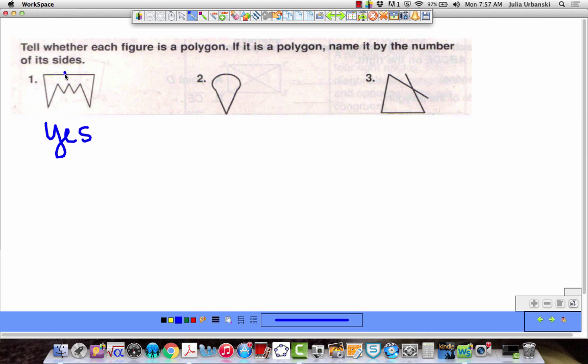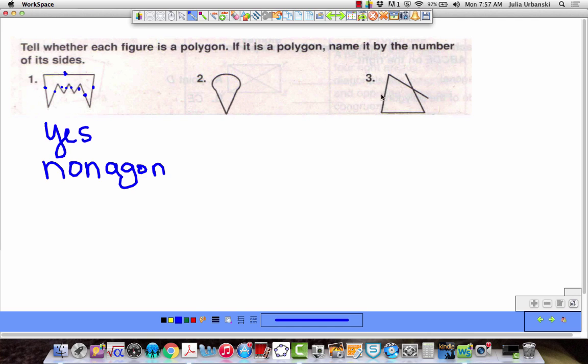What's the count? 1, 2, 3, 4, 5, 6, 7, 8, 9 sides. So we call it a nonagon. Back to the front page. All those names up to 12, you should be getting to know pretty well.